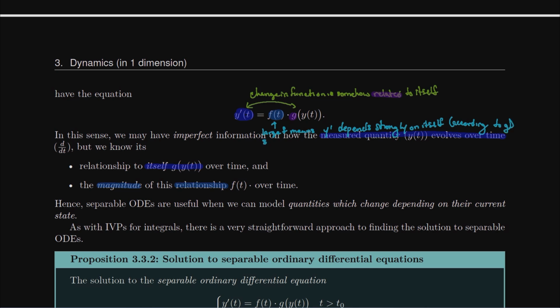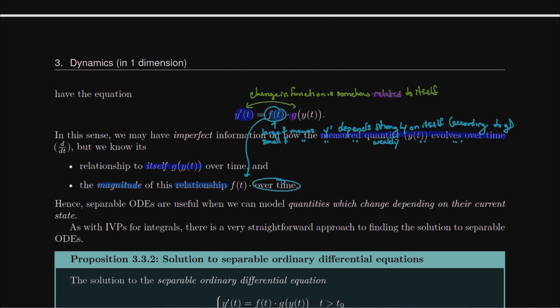And then a small f would be weakly in magnitude, right? So if f were close to 0, it would say that the change is very weakly related to itself. But if f gets to like 27 or something, or 2 million, then it would be strongly related to itself. And that magnitude, you'll notice, is a function of time, so we're allowing the magnitude to vary over time.